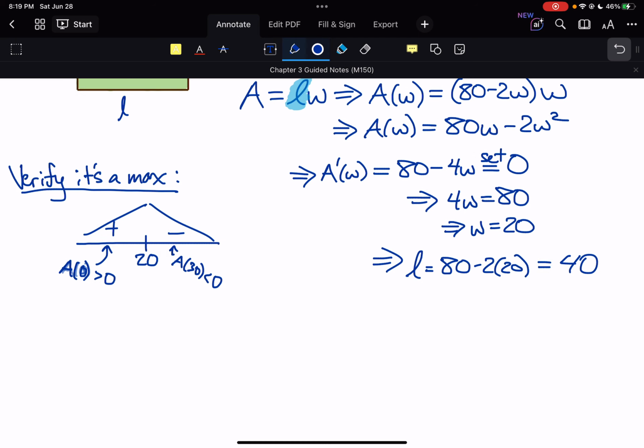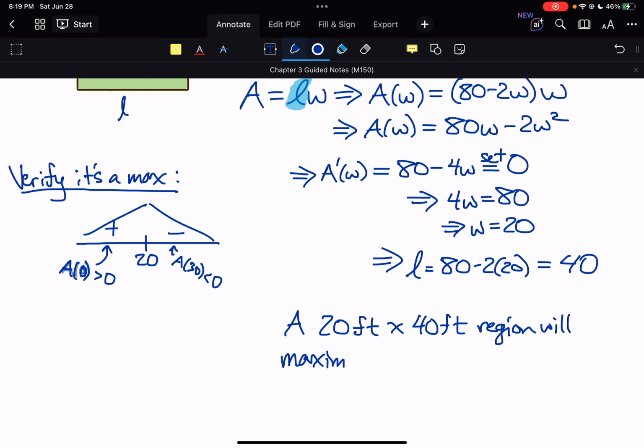So those dimensions are 20 by 40, right? So a 20-foot by 40-foot region will maximize the area.